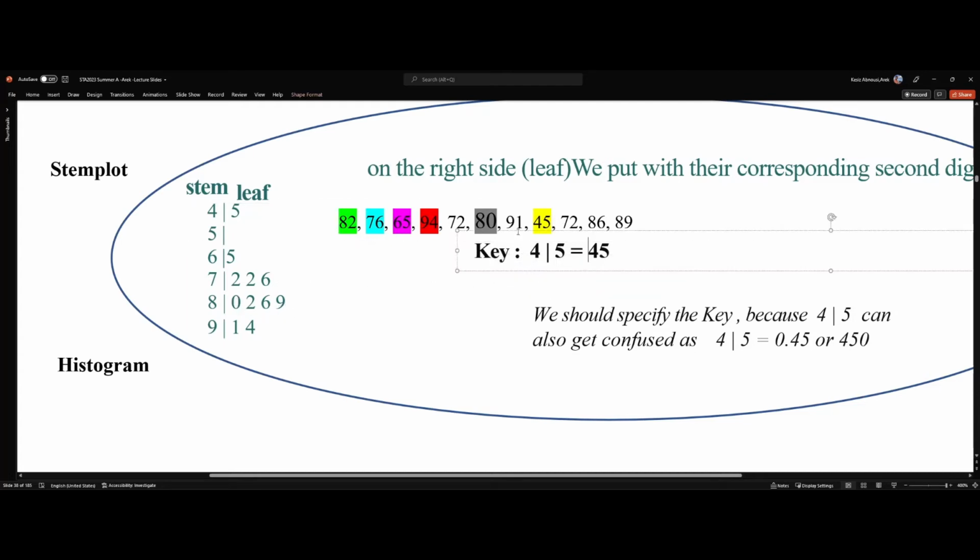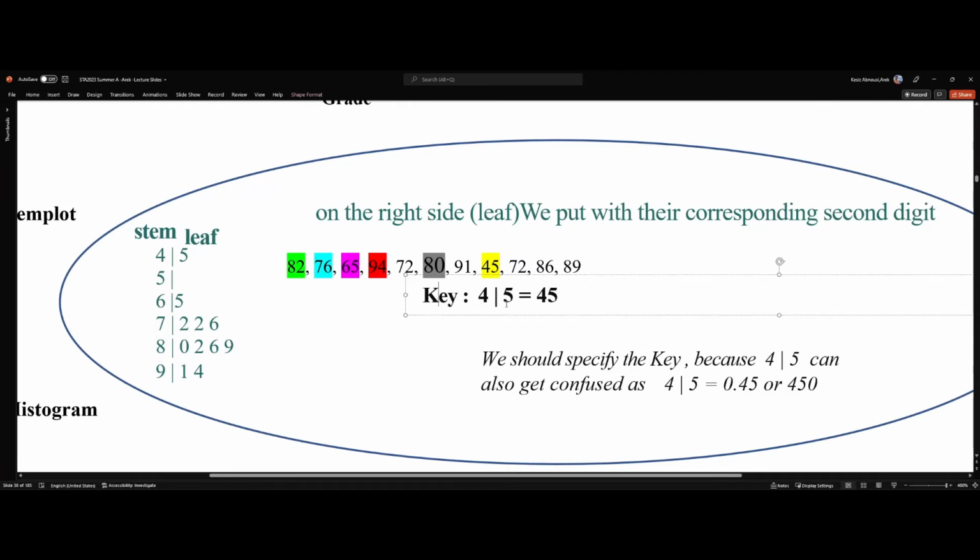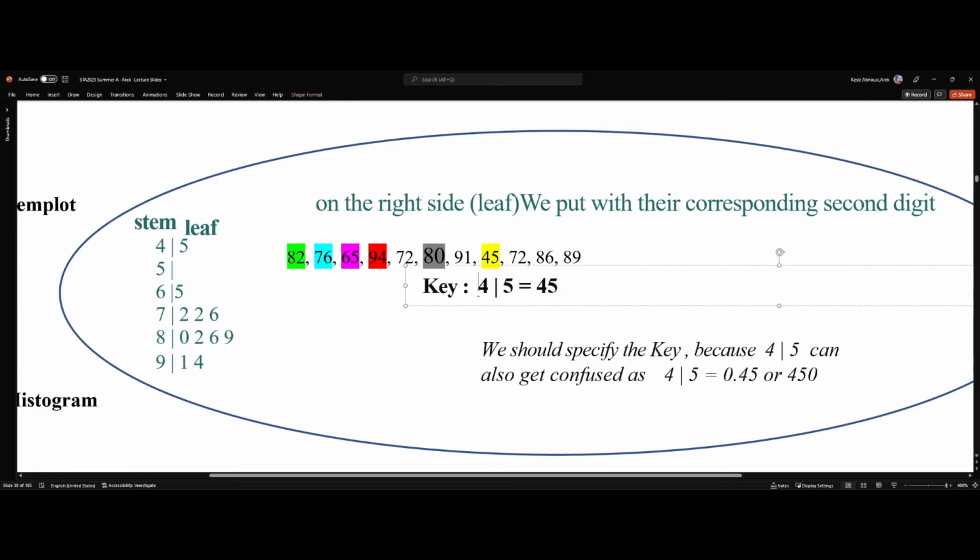And the last thing that we have to do is put a key identifier so people can read it the correct way. For the first number, the 45, we're telling people what this means, because we're thinking about where the decimal point is.